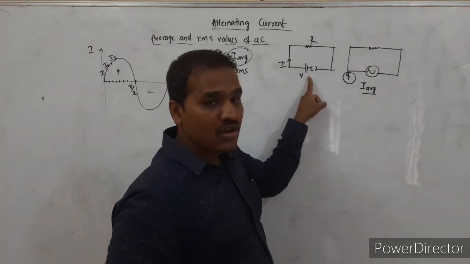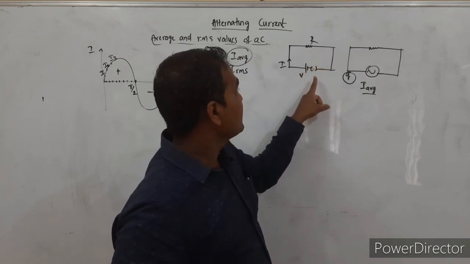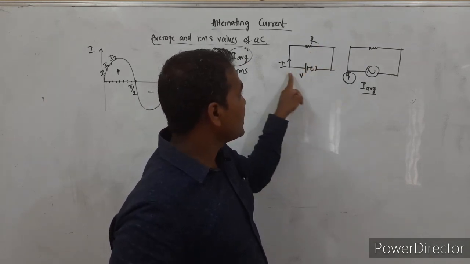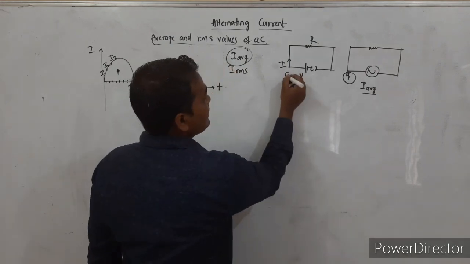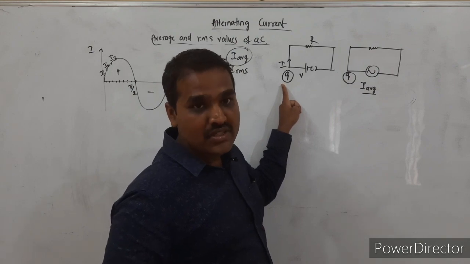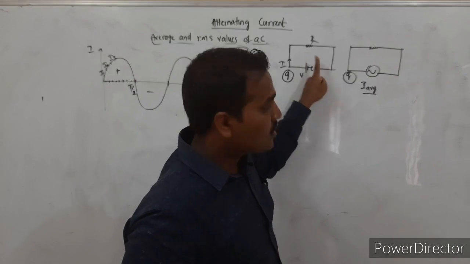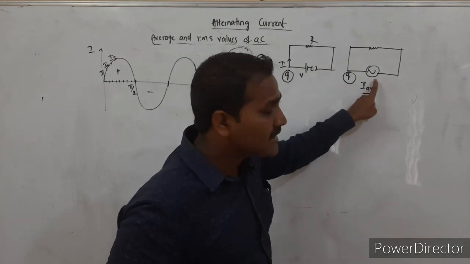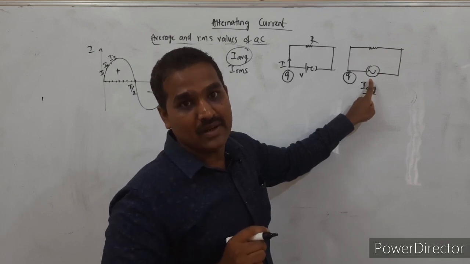So here, because of this DC source, there is some steady current flowing through this circuit. So this value will be equal to that value of steady current which sends the same number of charges through the same circuit as sent by the AC source during the same time interval.